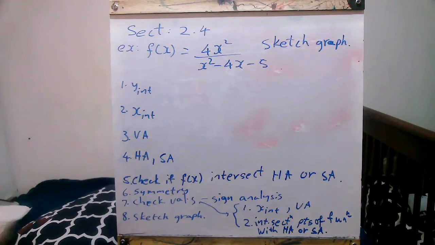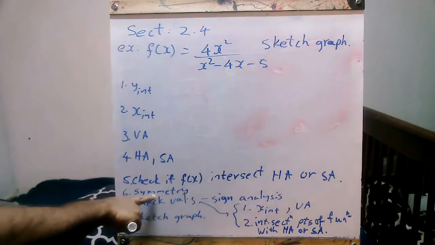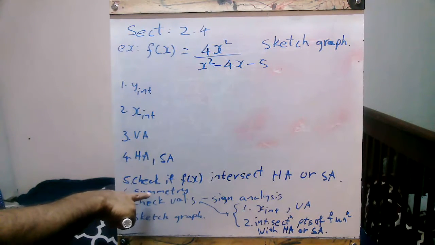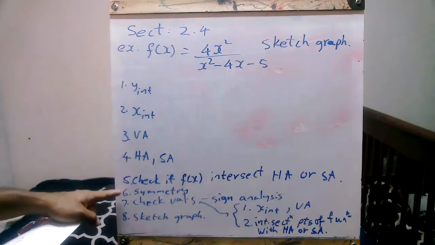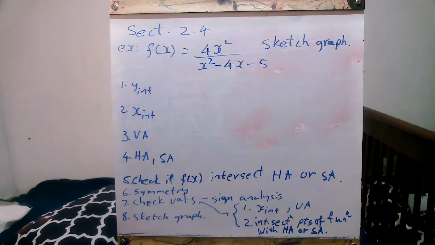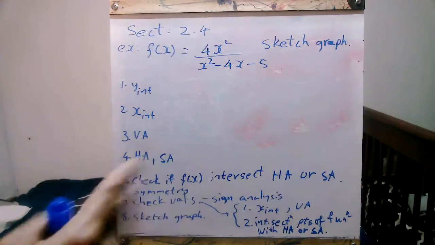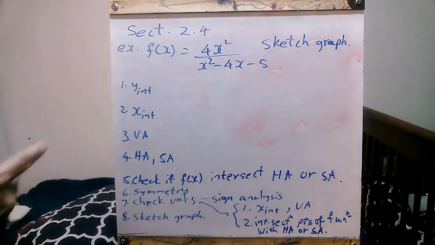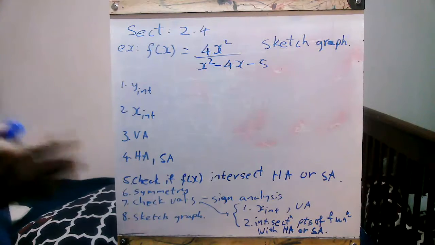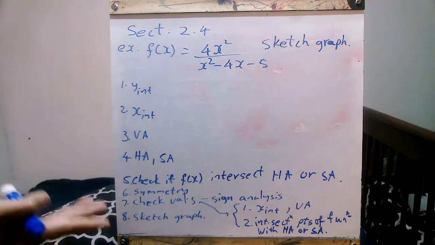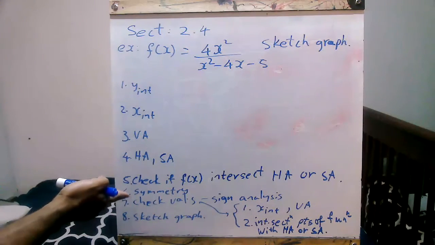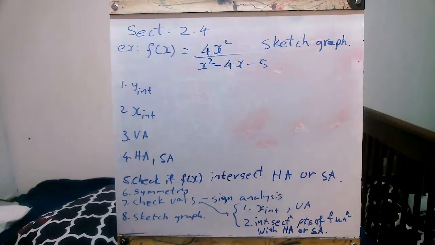Then number 6 is okay whether you check it or not, but it is convenient if the function has symmetry. If it has symmetry, we can do only half of the graph, and the other half is the same as the first half. We can create it using the half we did, using the symmetry.